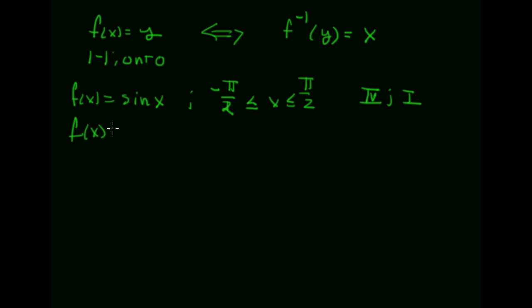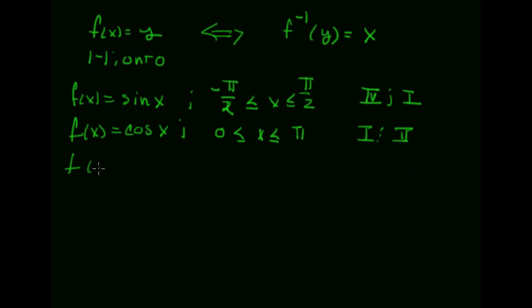F of x equal to cosine of x will only have an inverse when I restrict x from 0 to pi. So this is only in quadrants 1 and 2.